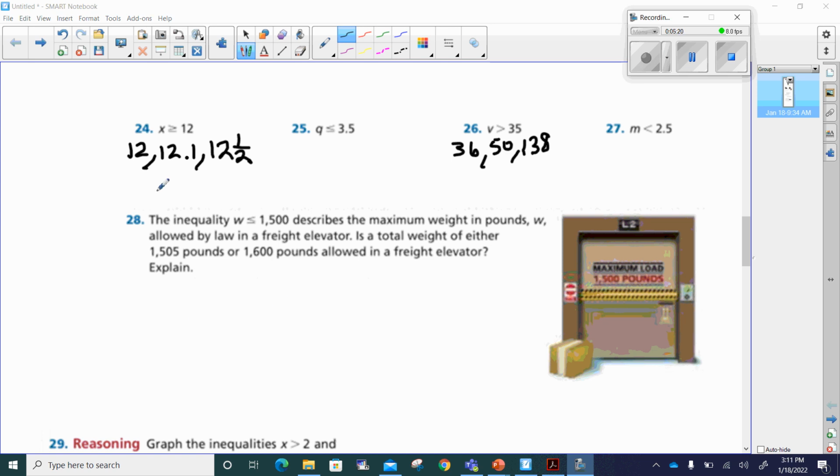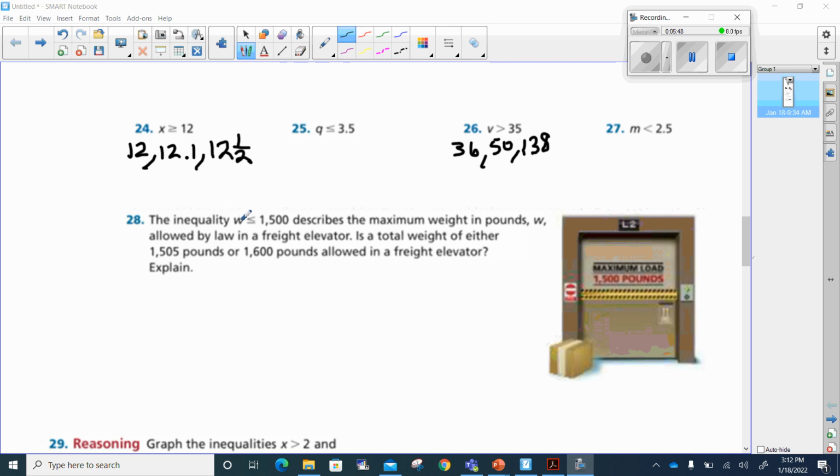Next is number 28. It says the inequality W is less than or equal to 1,500 describes the maximum weight in pounds, which is W, allowed by law in a freight elevator. Is a total weight of either 1,505 or 1,600 pounds allowed in the freight elevator?